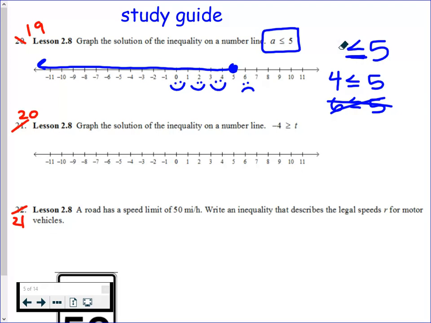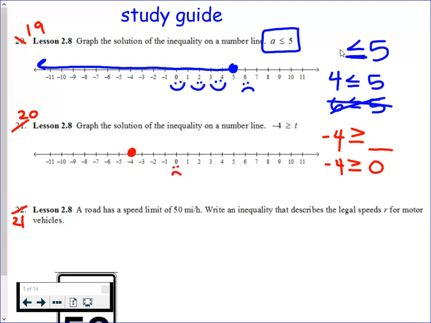Same thing on 20. I see at -4, I should have a closed circle. Step 1. Step 2, if I take out T, -4 is greater than what? -4 is greater than 0?